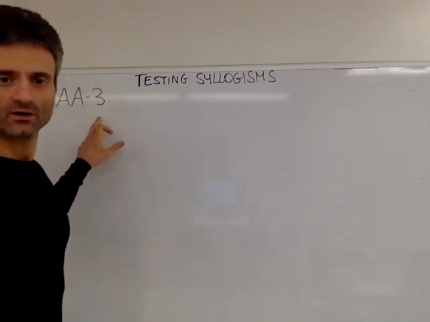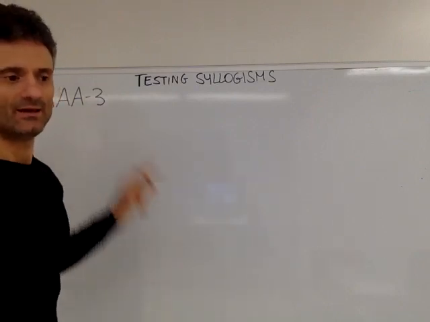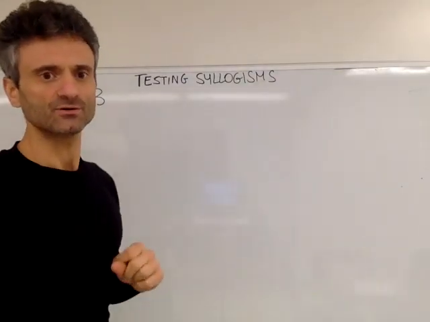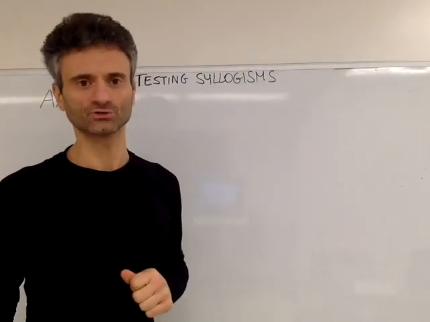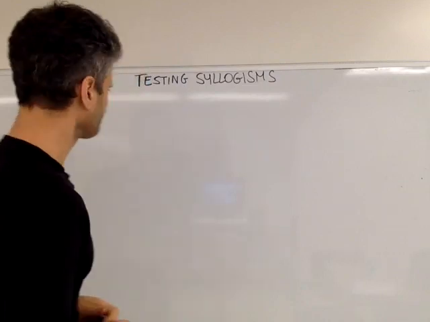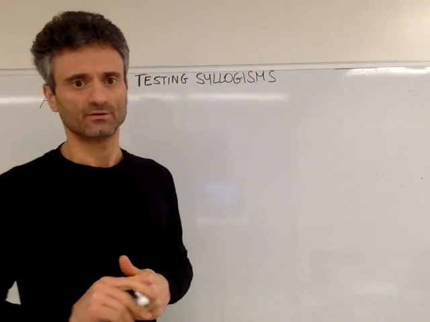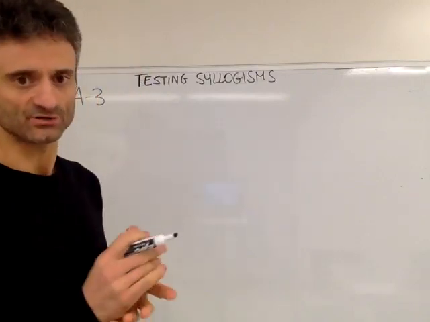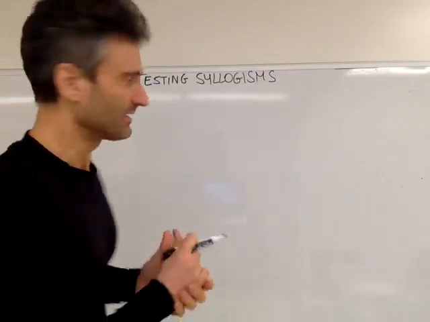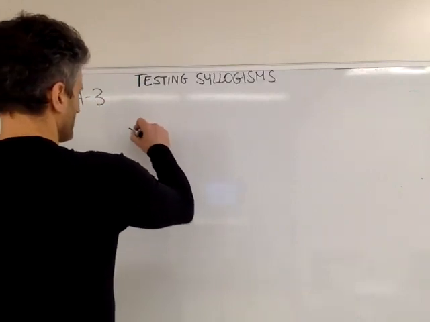The figure of a syllogism is the position of the middle term. Remember that there are 4 figures, and remember I gave you a trick to remember the figure, the W, remember?